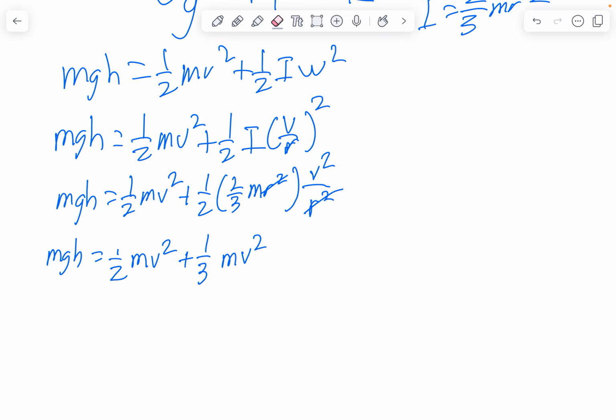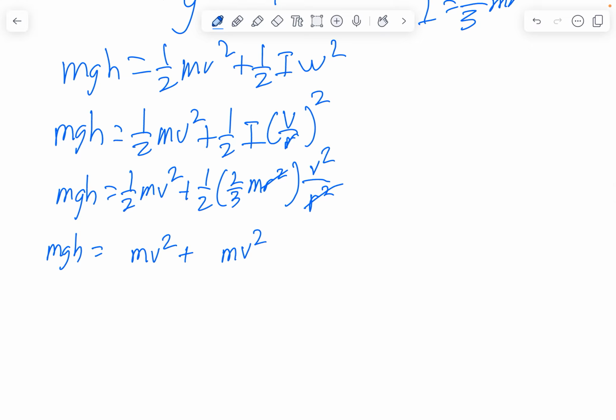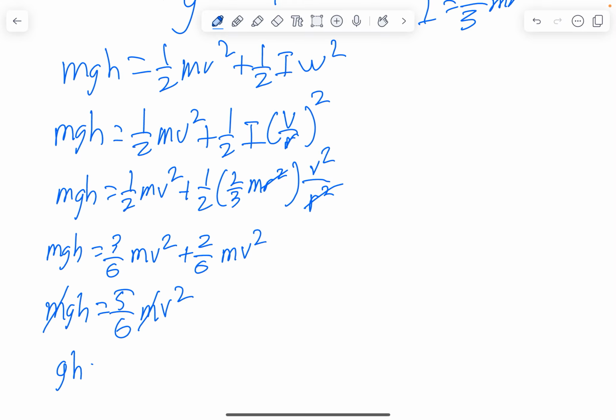So the common denominator between 2 and 3 is 6. So 1/2 is 3/6, 1/3 is 2/6. So when I add together, it's 5/6. So mgh is equal to 5/6 mv squared. M's on both sides cancel out, so gh is equal to 5/6 v squared.